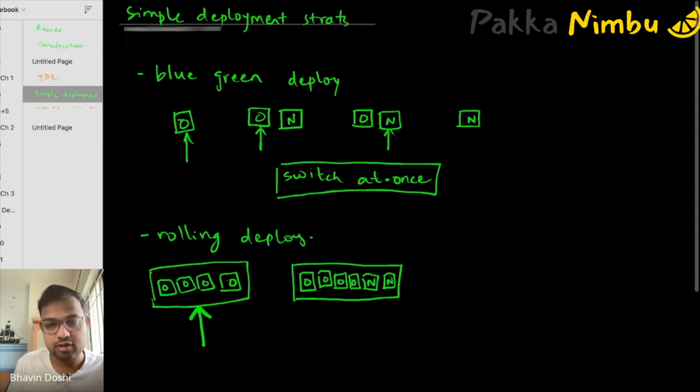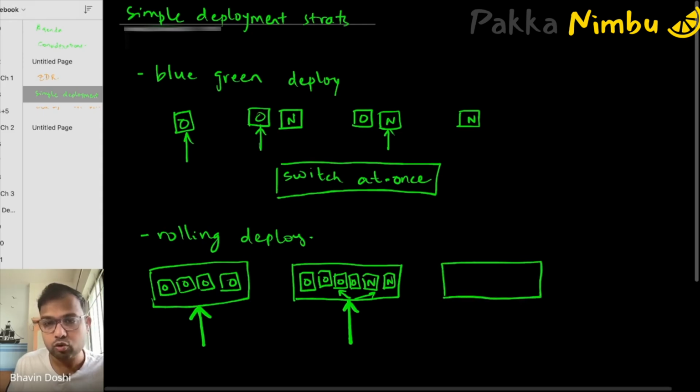basically the same amount of traffic is coming, but some of it is going to old, and some of it is going to new, and slowly you kill a few old pods. So now there are going to be only two old pods and four new pods.